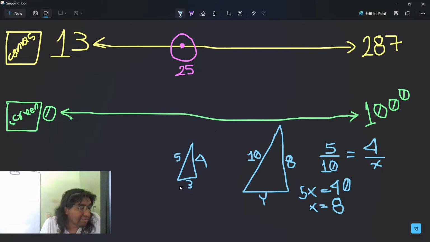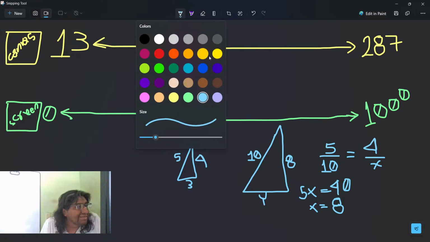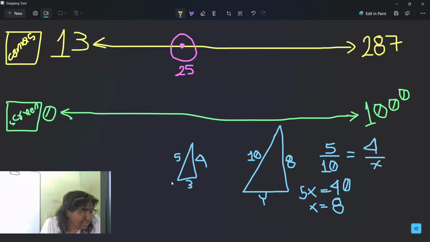Now let's suppose how this line is defined. We need to think of how this line is defined. Well, this line is defined as a 0.